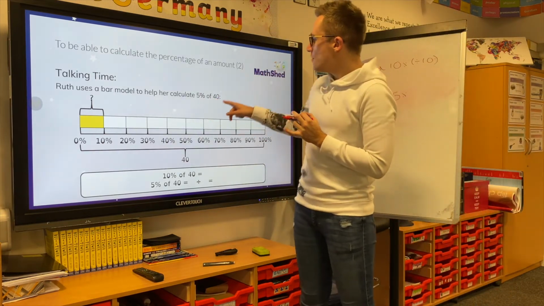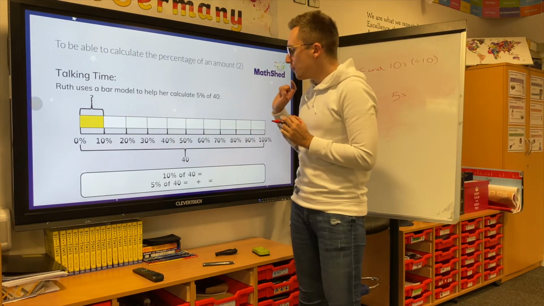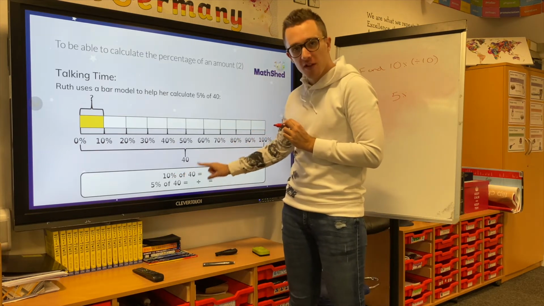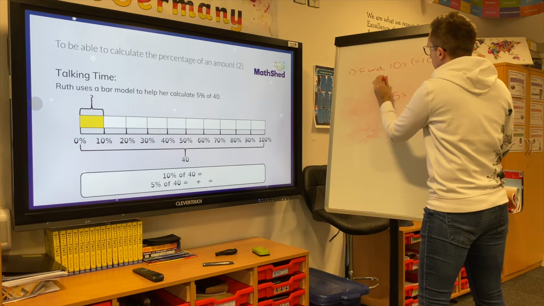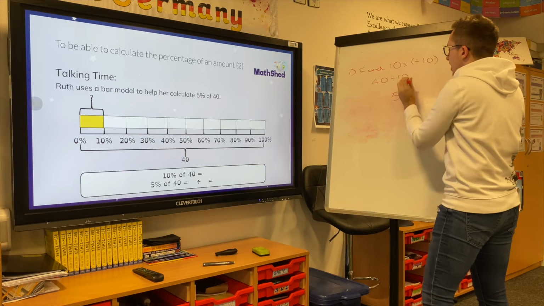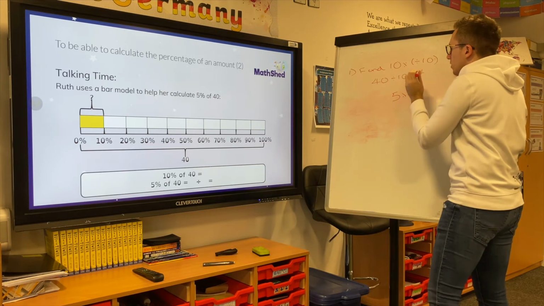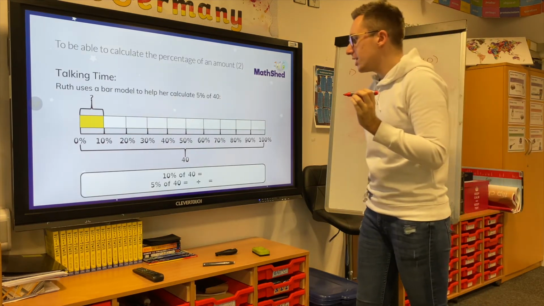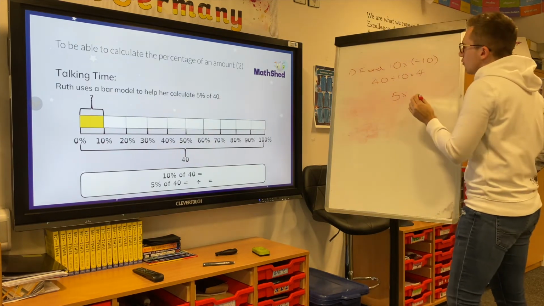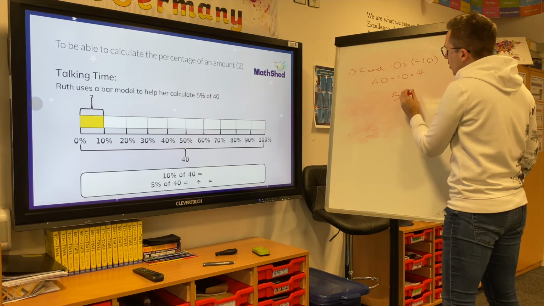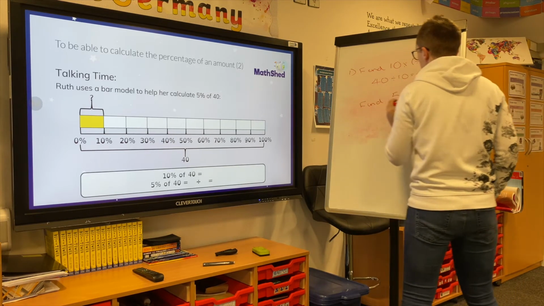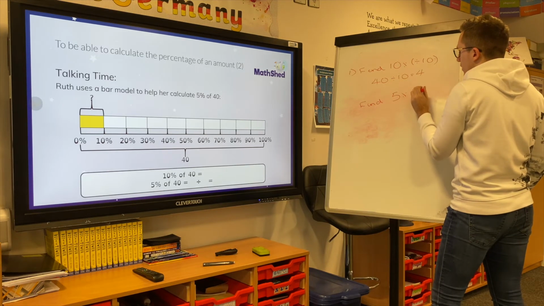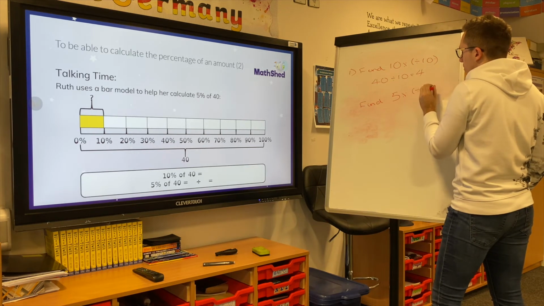I'll show you how that works. This one here is 5% of 40. So the first thing we're going to do is to find 10% of 40 by doing 40 divided by 10, which is 4. Now, to find 5%, we're going to halve it. We find 5% by halving the 10%.